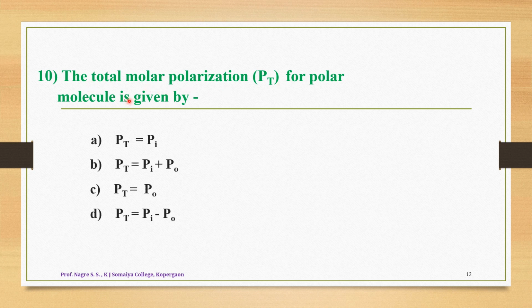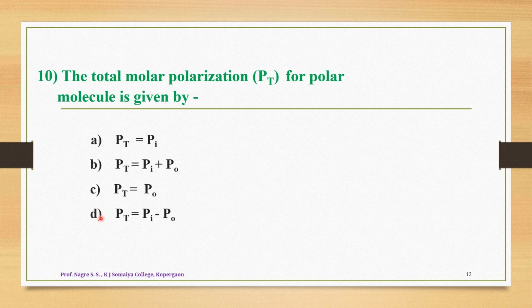The next question is question number 10, and the question is, the total molar polarization for a polar molecule is given by. The options are: first option is total polarization is equal to induced polarization. Second option is total polarization is equal to the summation of induced polarization plus orientation polarization. Option third is total polarization is equal to orientation polarization.